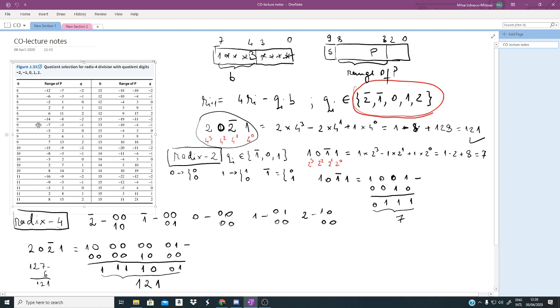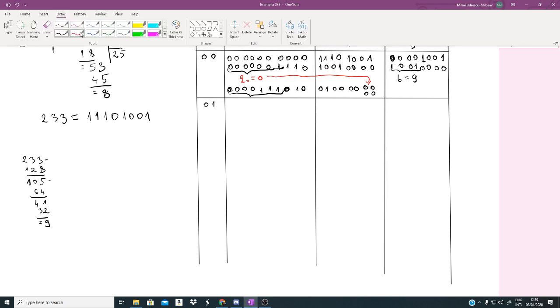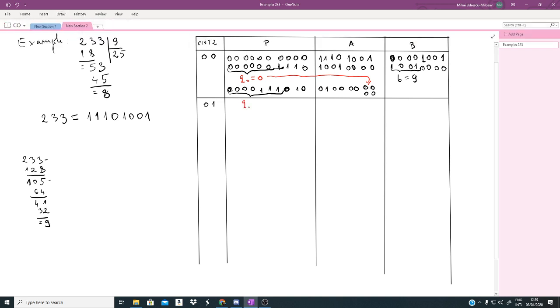When B is 9, well, it's in the range of 7 to 13, in which case Q, the quotient digit, is 2. So the quotient digit is 2. All right, so I make the shift, which is 0. This means that my Q1 is 2.